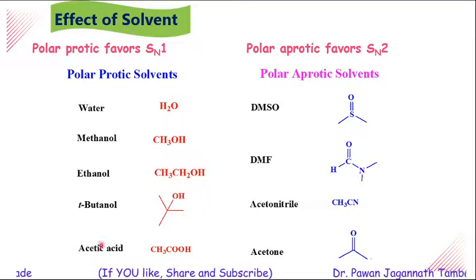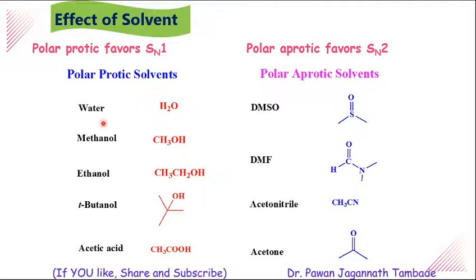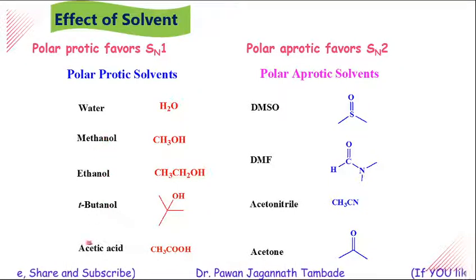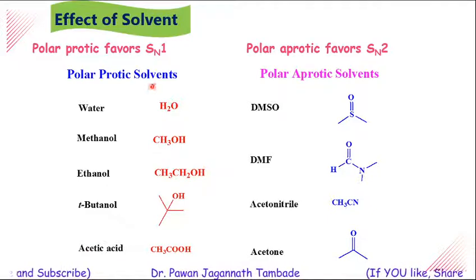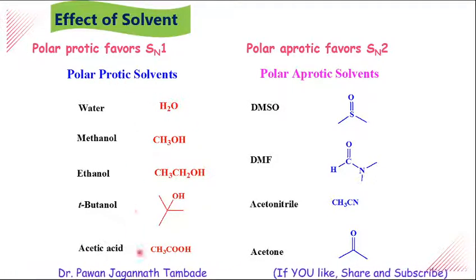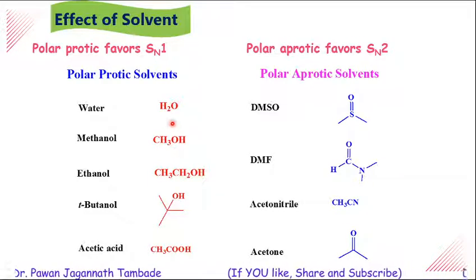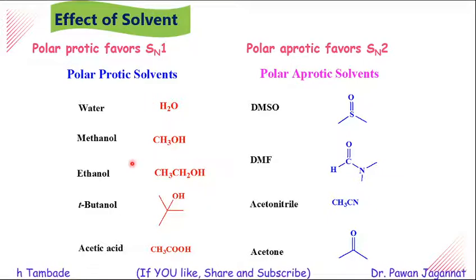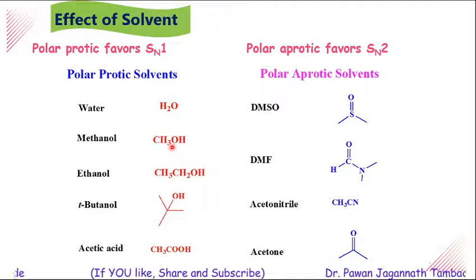These are some examples of polar protic solvent: water, methanol, ethanol, that is a range of alcohols, acetic acid. These are some polar protic solvents. There is a polarization, and these molecules also have donatable proton, and thus such solvents are called polar protic solvents.